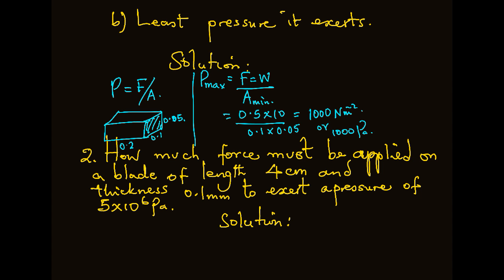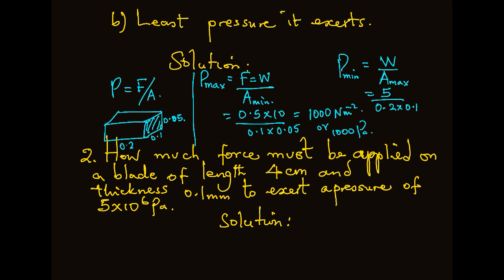The least pressure, P minimum, is given by the weight, which is equivalent to the force in this case, divided by the maximum area, which is equal to the weight, 5 newtons, divided by the maximum area, 0.2 times 0.1.